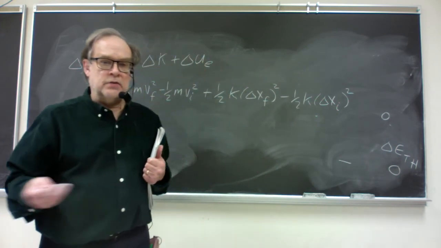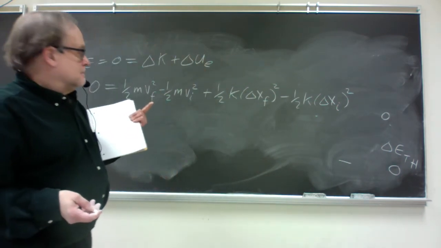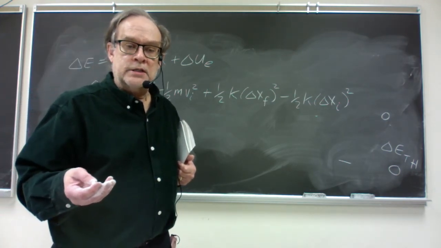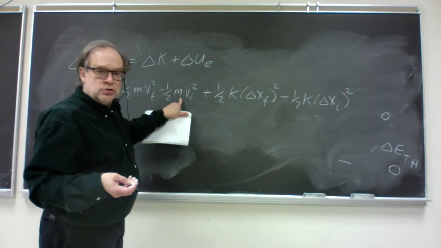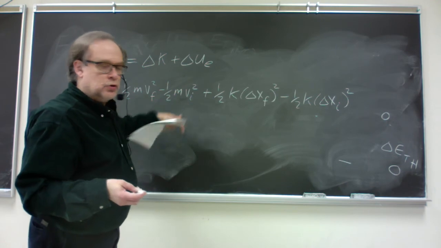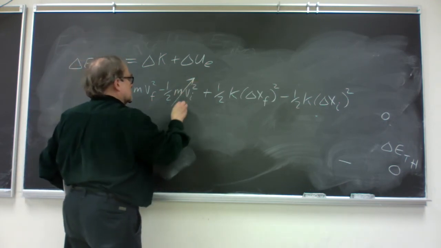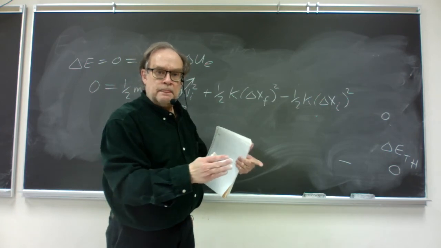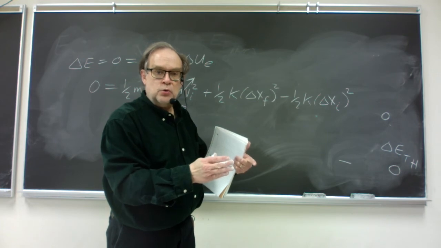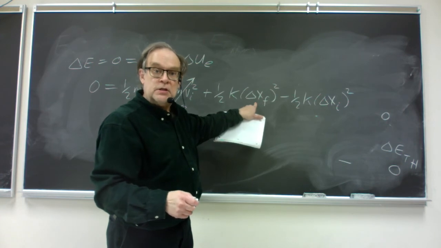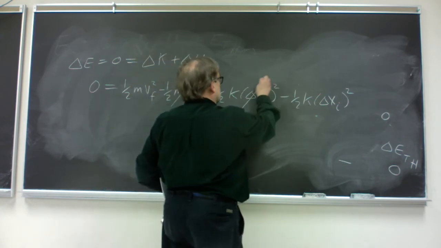Whatever the displacement was at the very beginning of the process. Okay, so those are the only terms that are interesting at all, but we can simplify because in the initial state the speed was 0. So that factor is 0, so this whole term is 0. And likewise, in the final state, the spring is back to its equilibrium length. It is no longer stretched or squeezed. There is no displacement away from equilibrium, so final displacement is 0. So that term goes away.